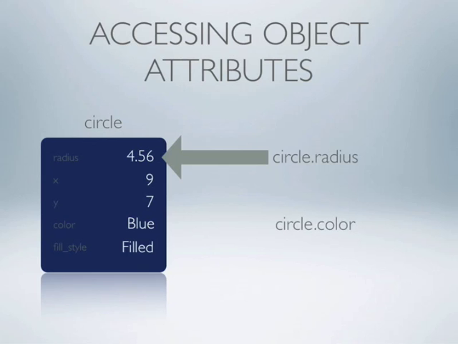If I wanted to access the color, I would say circle.color, meaning the color variable that's inside the object called circle, which would give me access to the variable that has the value blue. So again, in a document.writeline, that would print out blue. I can also use the dot operator in a statement or in an expression when I'm actually assigning a value. If I said circle.radius equals 5.6, then what I would actually be doing is assigning the value 5.6 to the radius variable that's stored inside the circle object.